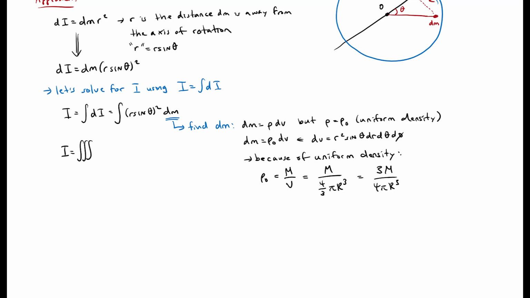So then we would have r squared sine squared theta, and we have rho naught, which is running out of space. I still have to add the dv in, so r squared sine theta dr d phi d theta.